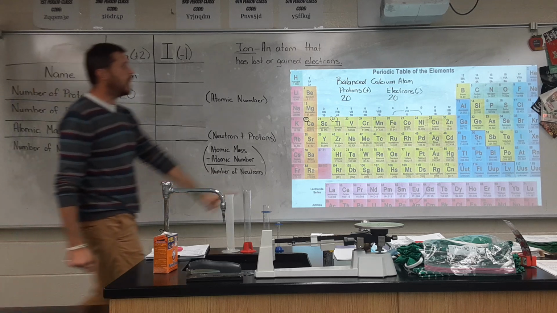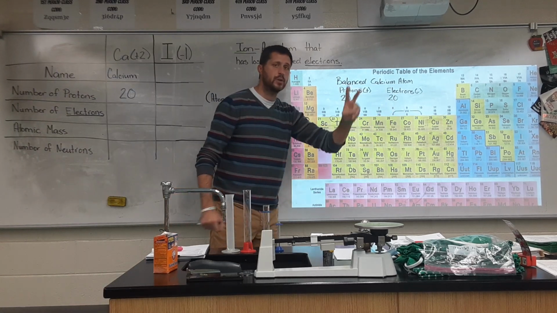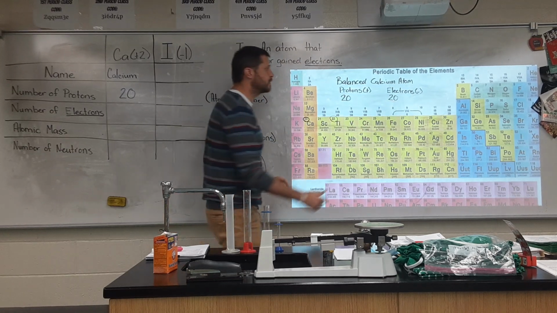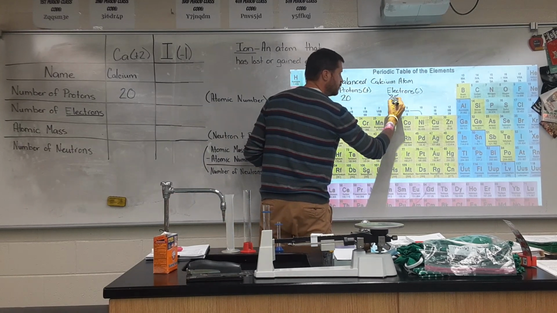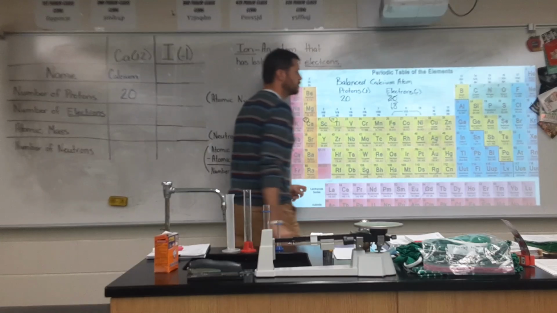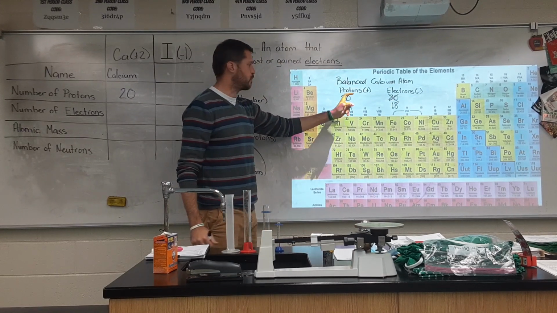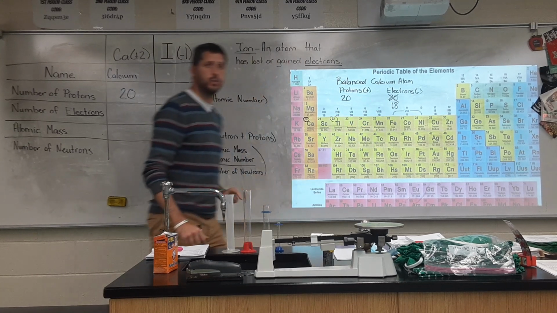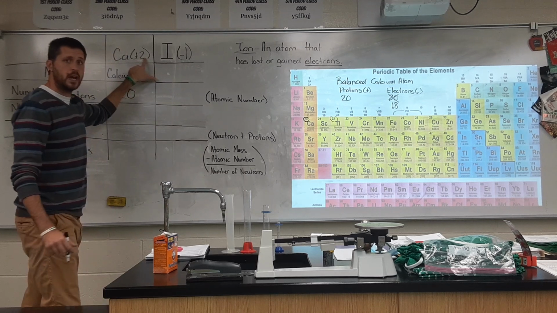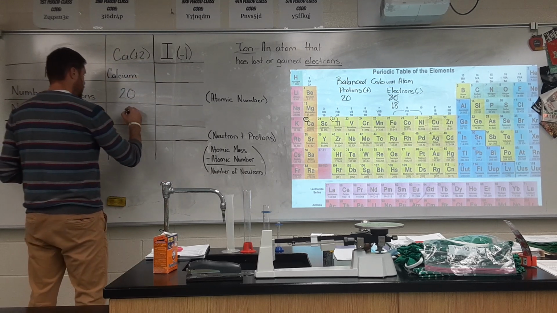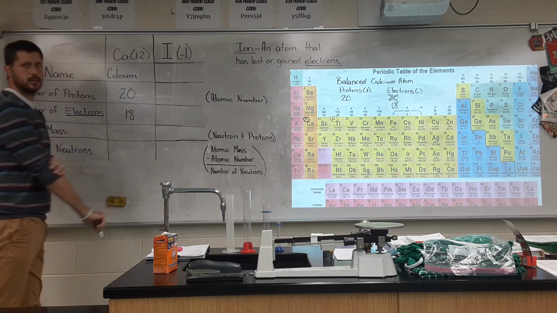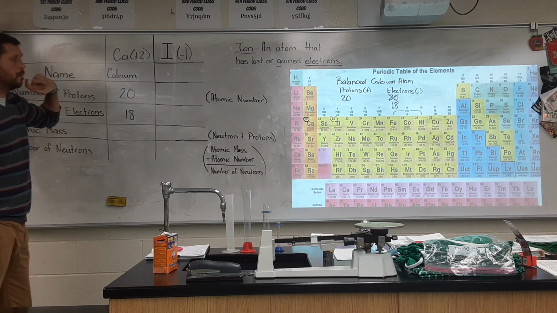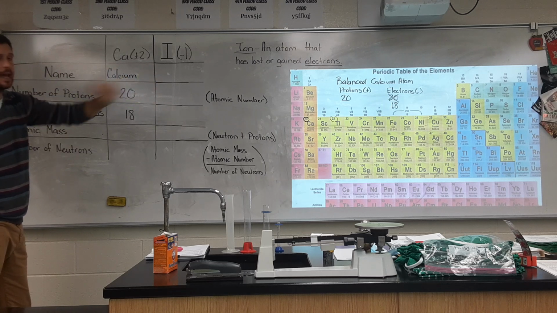So I have to make the positives outnumber the negatives by 2, but I can't change protons. I can only change electrons. So the way I have to do that is I have to remove 2 electrons. So now my positives are bigger by 2, and I didn't change protons, I only changed electrons. So I'm going to have 18 electrons. Okay? My positives are bigger by 2 than my negatives, my electrons.